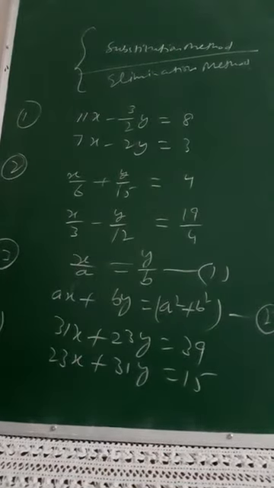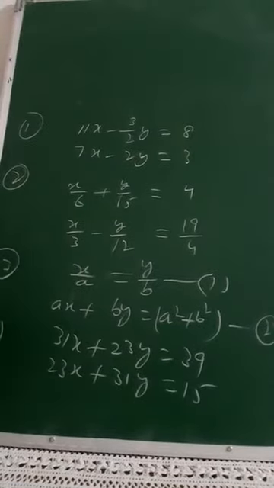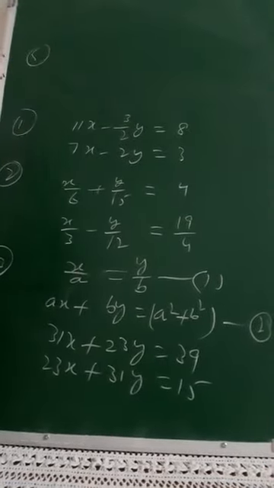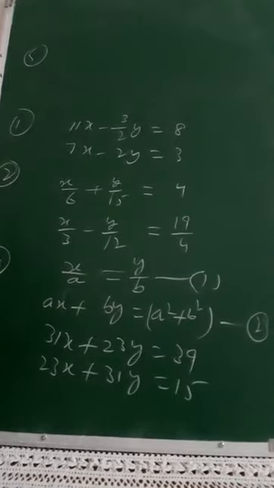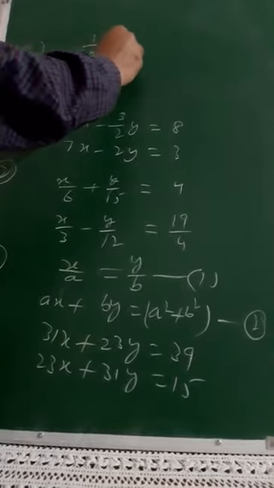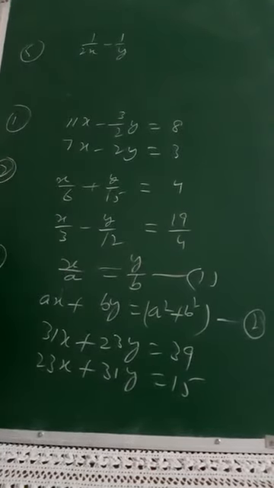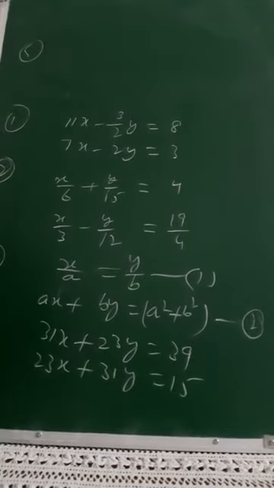And the fifth and last question for today's assignment you can add is 1 upon 2x minus 1 upon y. I will take it later on because right now I have to discuss this exercise based upon these questions.